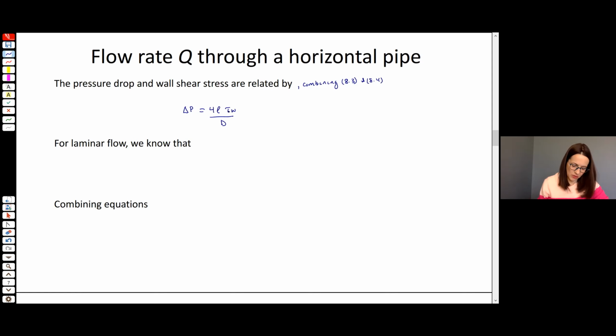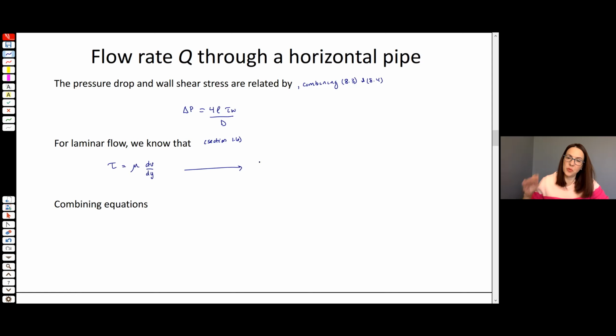All right, so for laminar flow, we know that, and we'll just refer ourselves back to section 1.6, that tau is equal to mu, the viscosity, times du dy.